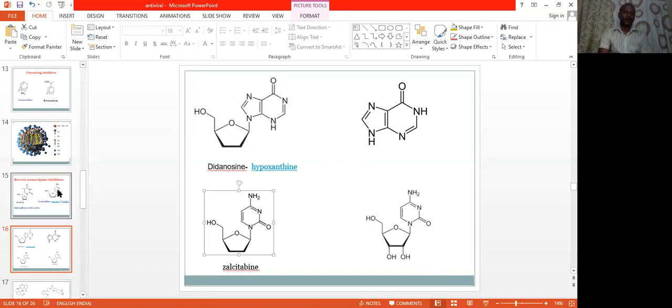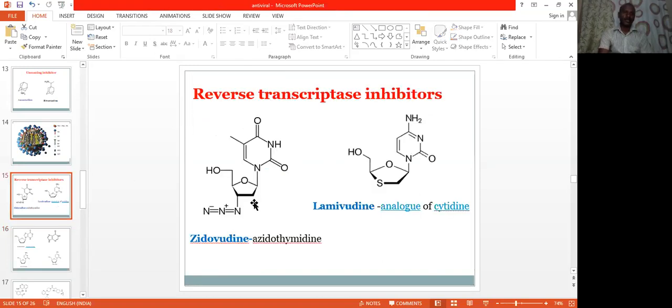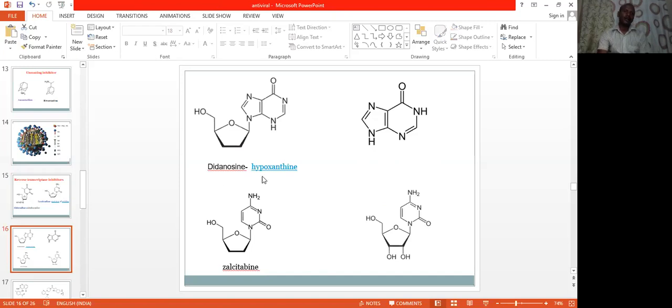And previously two more drugs we have discussed, zidovudine and lamivudine. These are also reverse transcriptase inhibitors, and now didanosine and zalcitabine, these two are also reverse transcriptase inhibitors. Can I go to the next slide? I'll go to the next slide if you have taken this.